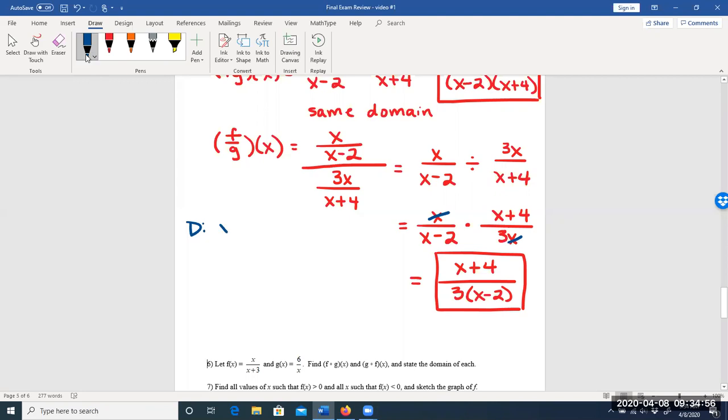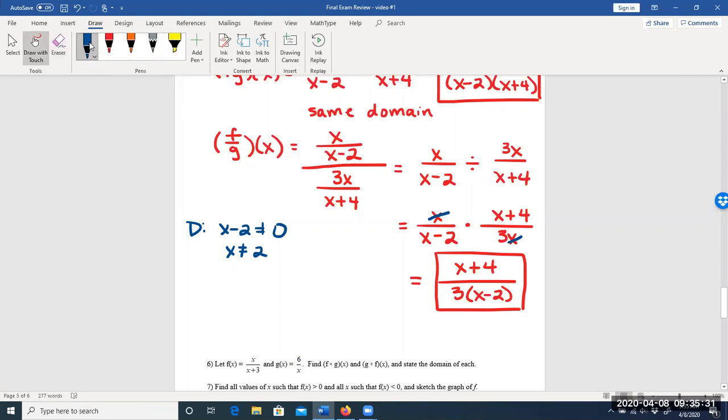I'll explain here in just a second, but we still have to say that x minus 2 cannot be 0. So x cannot be 2 because 2 would make this denominator here 0. Looking at my unsimplified answer to come up with the domain, I see x cannot be 2 because 2 minus 2 is 0, and my numerator would be undefined.